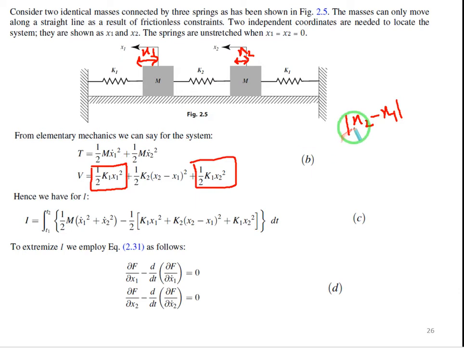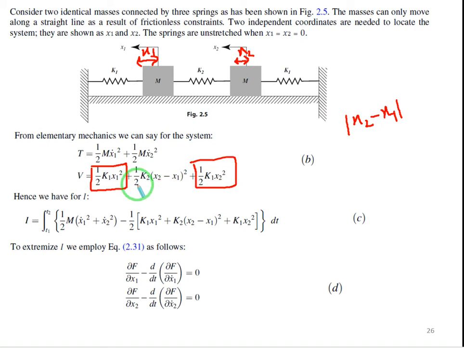If I square this value, x2 minus x1 squared is equal to x1 minus x2 squared.